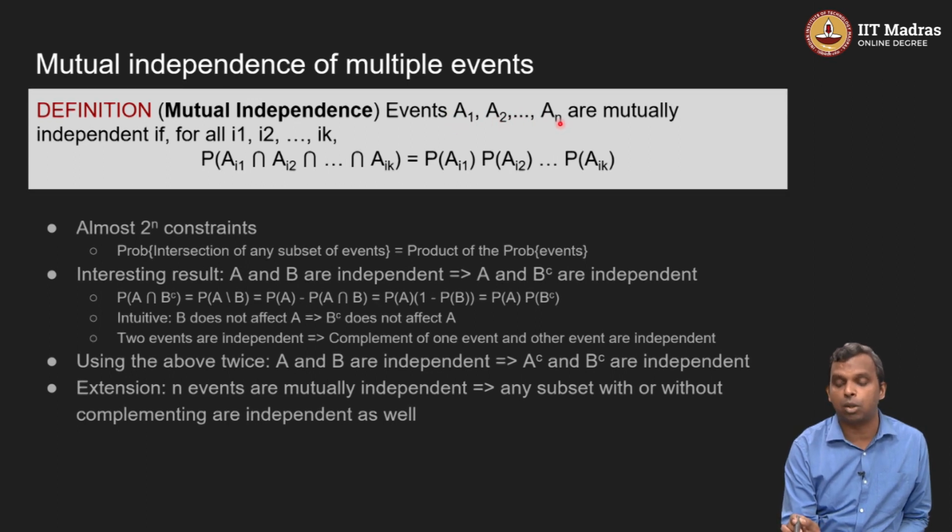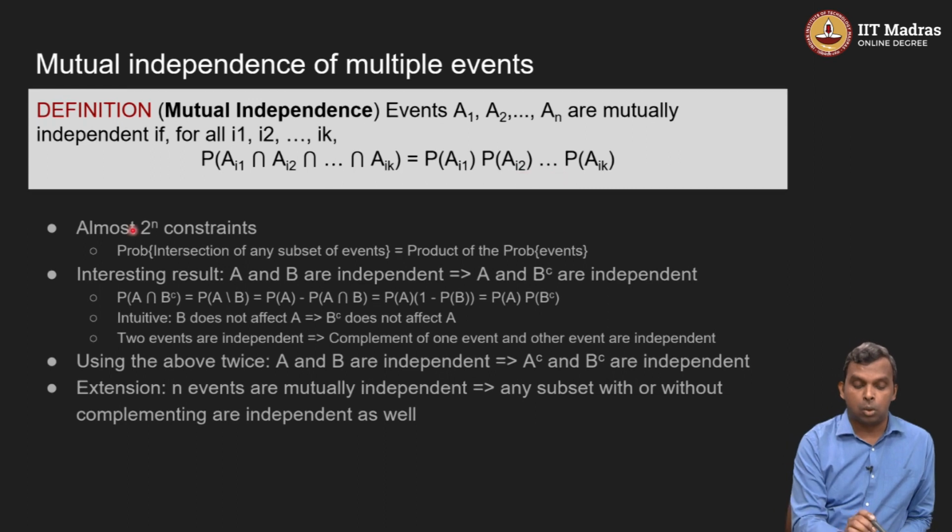For any subset of these n events, the probability of their intersection has to be equal to the product of the probabilities of the individual events involved in this intersection. Okay. P of A_I1 intersect A_I2, so on till intersect A_Ik is probability of A_I1 times probability of A_I2, so on till probability of A_Ik. Okay. So, this is the condition. When the probability of events satisfy this condition, they are said to be mutually independent.